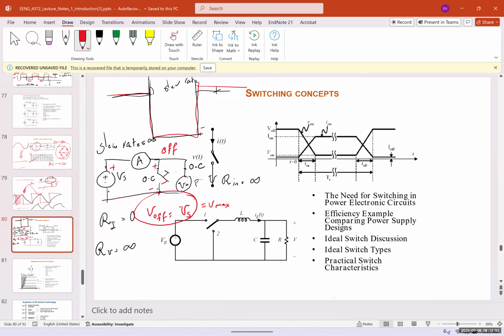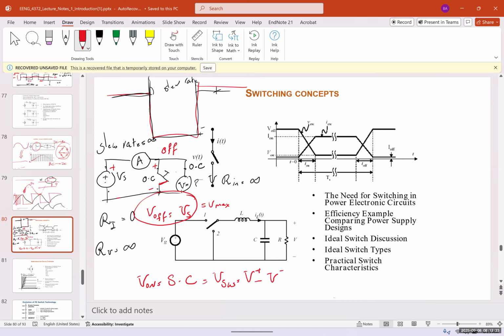Now, what happens if this is on? What would the voltage be for the switch? So if it's V on, then it's a short circuit. And then in short circuit, V of the switch, I'm gonna show it with VSW, voltage of the switch, is gonna be V positive minus V negative.